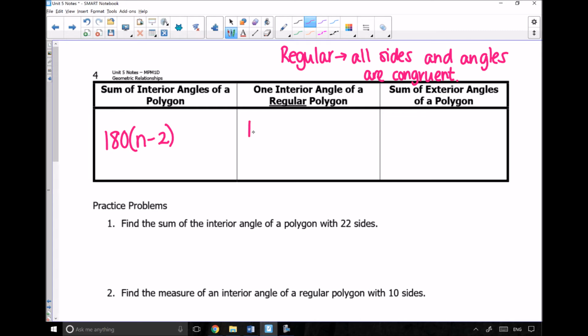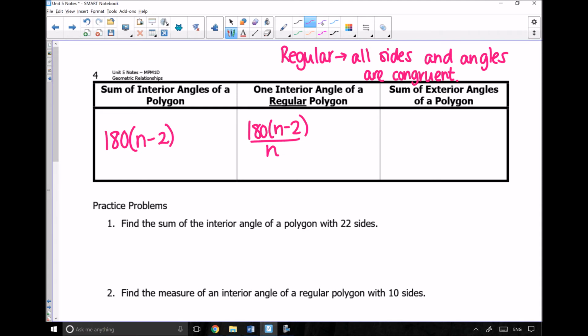Okay, so I'm going to take 180, multiply it by n minus 2, and then divide that by n right here. So that's what I get for one interior angle, because if there's this many that it adds up to, I had to divide it by however many sides or however many angles there were altogether in the problem, okay?